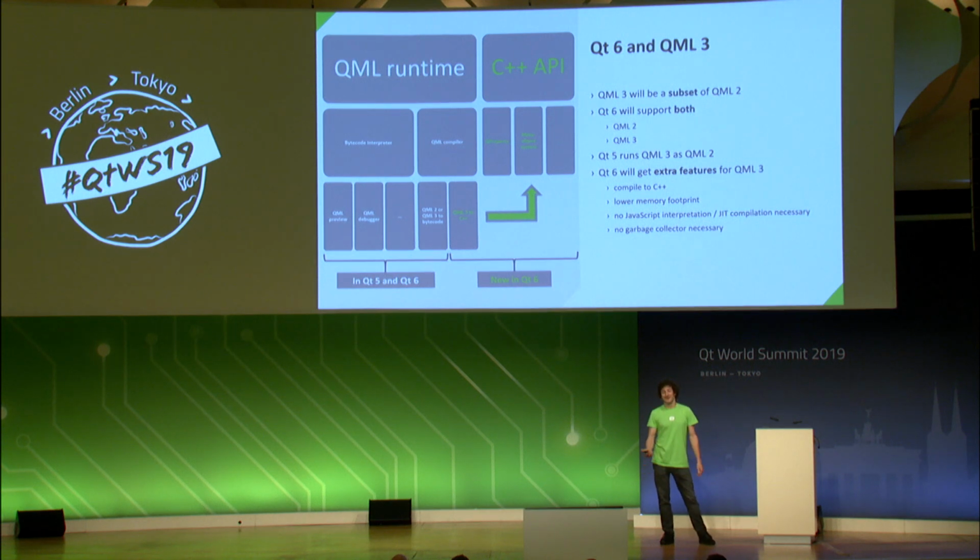So in QML3, we'll offer you a new mode of running QML. We'll compile your QML to C++. You won't need a runtime or a compiler at runtime anymore. Instead, we'll offer a C++ API with a new property system that Lars talked about just before, and a new metatype system.